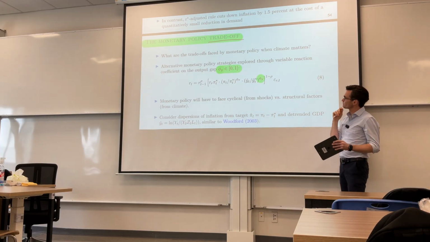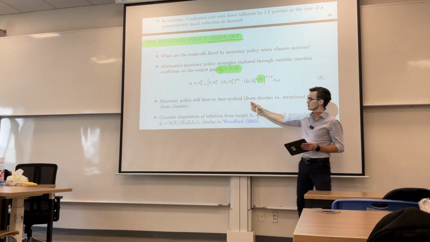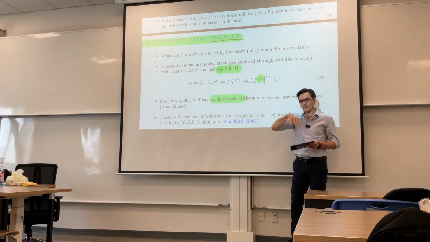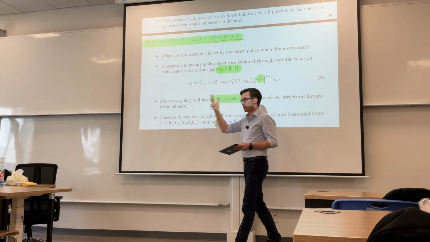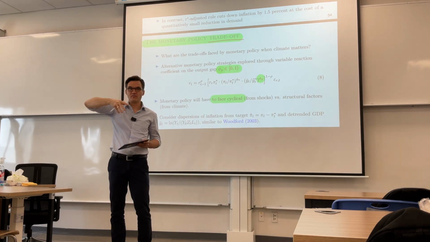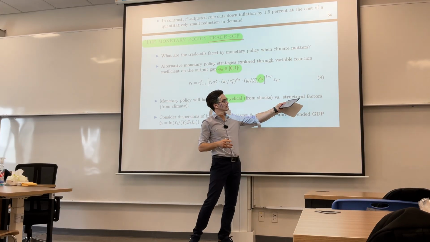So now this model has shocks, cyclical shocks, right? This model has these 4 shocks, right? So there's these 4: there's the demand shock, monetary policy shock, the cost push shock, and the emissions shock. So there's these business cycle shocks. But then there's also these climate factors.